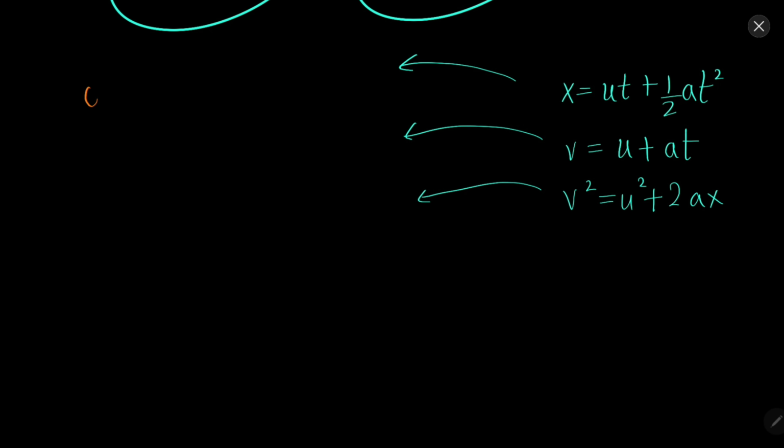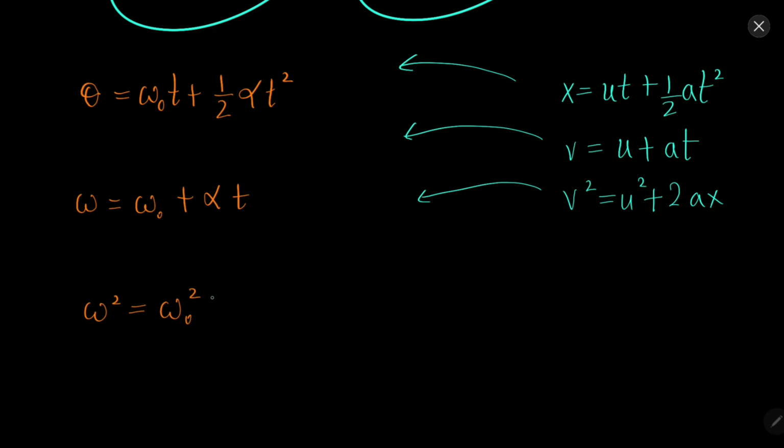So the equations will become theta equal to omega naught t plus half alpha t square. Omega equal to omega naught plus alpha t. Omega square equal to omega naught square plus 2 alpha theta.